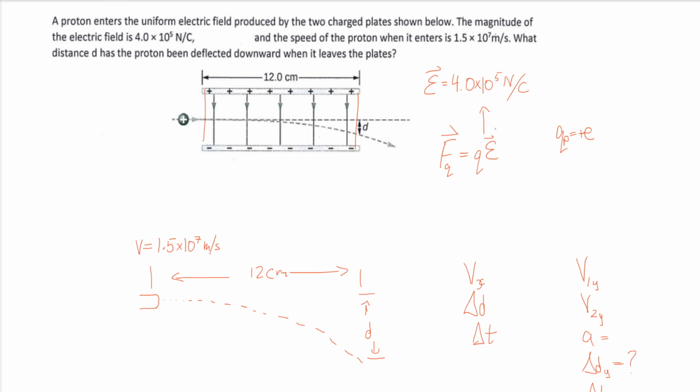There must be an F net. Newton says there must be an F net if there's an acceleration. And where's the F net? Who is causing an unbalanced force? FQ, yeah, the force, FQ, right?